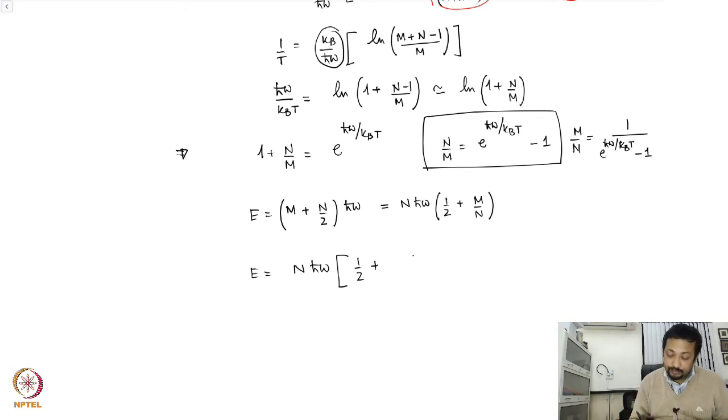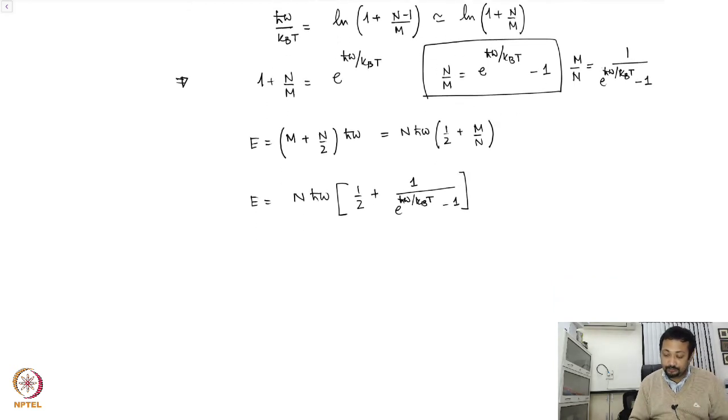So that I have 1 over e to the power h bar omega over kBT minus 1. Right?